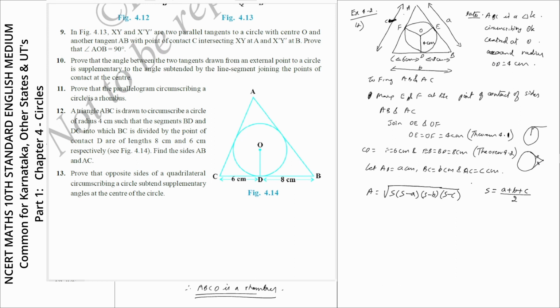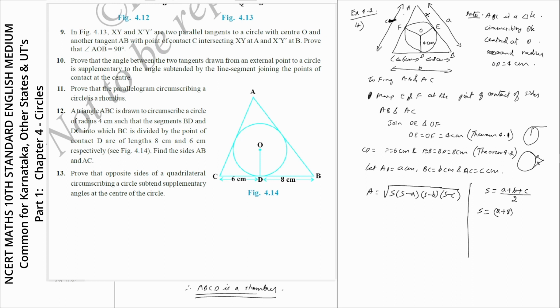First I will find what S is. So for S, I'll substitute the values of A, B and C. S is equal to A. We don't know the value of A, and we don't know the value of AE also. AE I'll take as X. So A is X plus B, and we know that B is 8 centimeter.